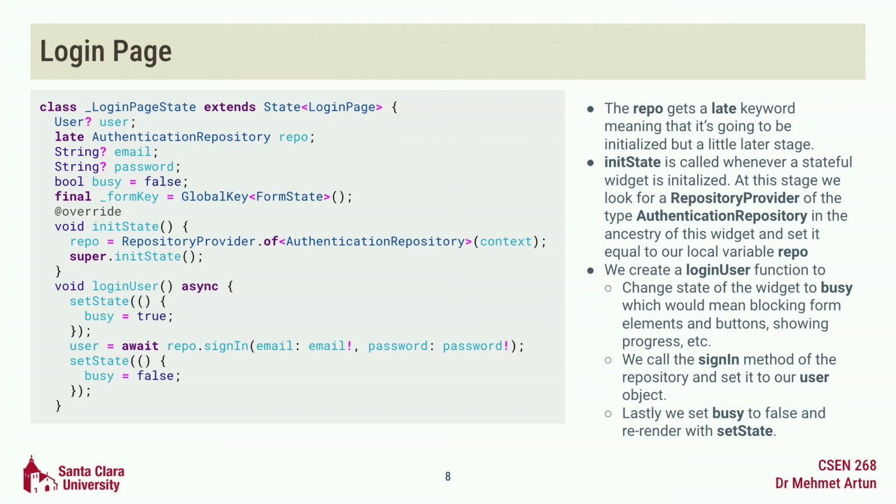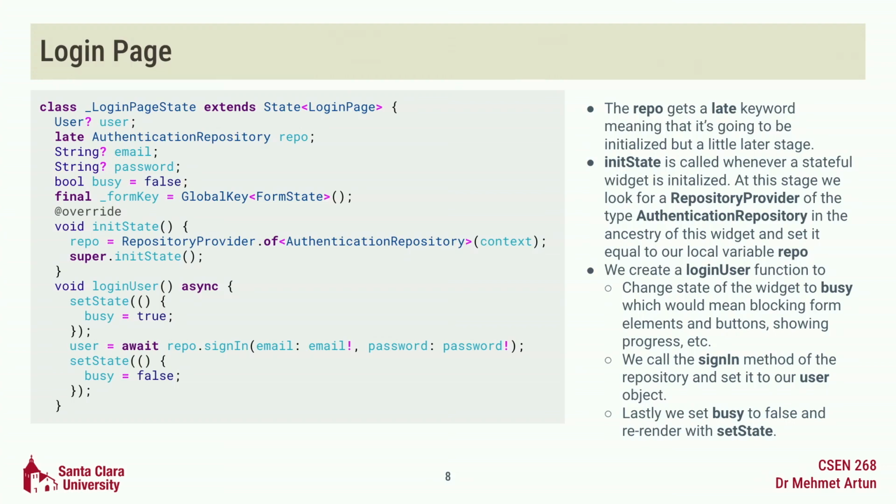That's what it basically translates to. And I'm setting it equal to the repo, which I said was going to be late initialized. And in fact, in the init state, it gets initialized, okay? Now then the init state is finished, okay? So the init state's purpose is to get a handle on the repository, so that we can use it later.